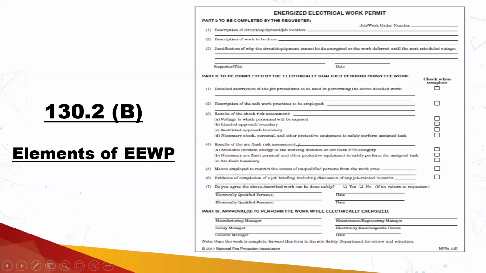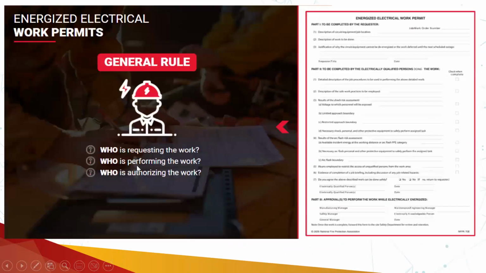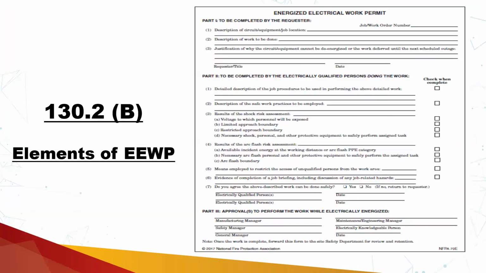If you look into the elements of the energized electric work permit, EEWP, you are going to find there are three different sections or parts. The first part needs to be completed by the requester, like a production manager or maintenance manager, who is requesting the energized electric work because they have got some fault, and they are trying to put the justification for why an energized electric work permit is required.